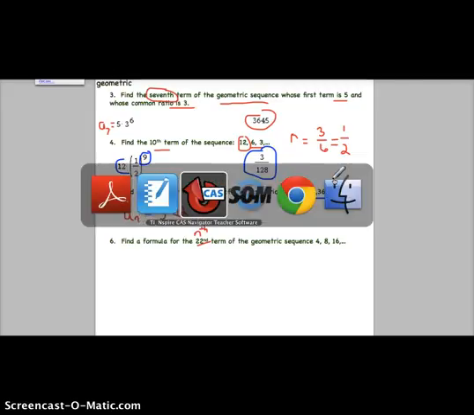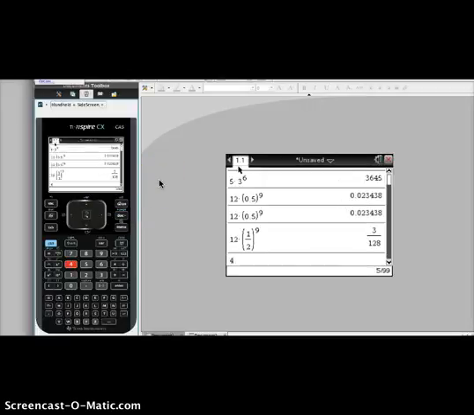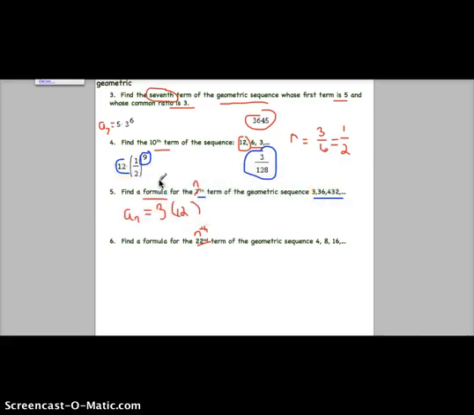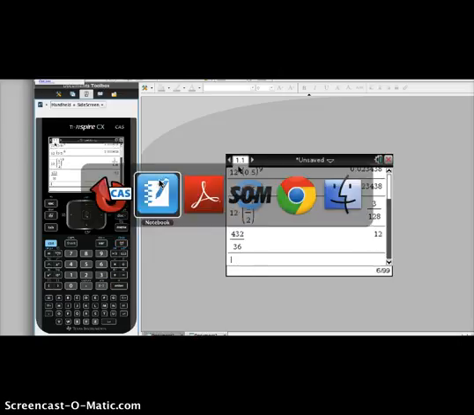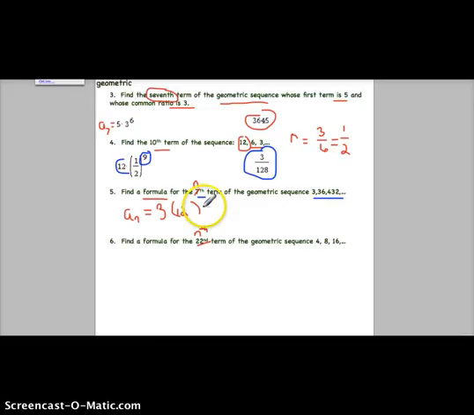So let's check that. 432 divided by 36 is 12. So that confirms that for us. We want to raise that to the n minus 1 power. And now we have a formula to find any term.